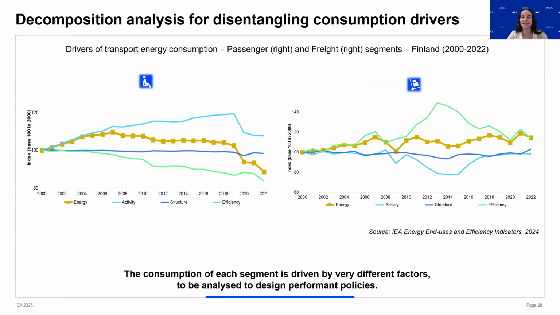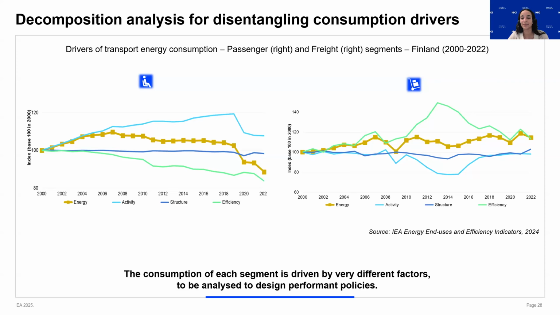If activity is the amount of goods or number of passengers and distance traveled, the structure is the modal shift, for example, changing from cars to buses or trains, or to public transport, and efficiency is the load factor, engine efficiency, and driving behavior.